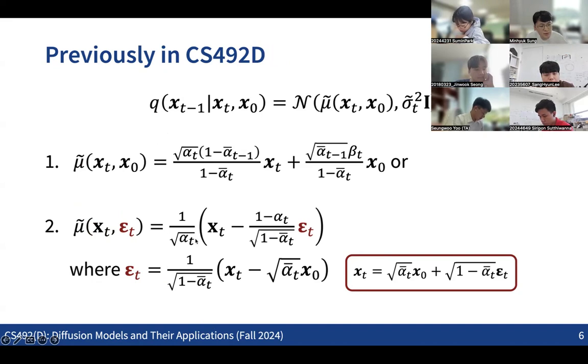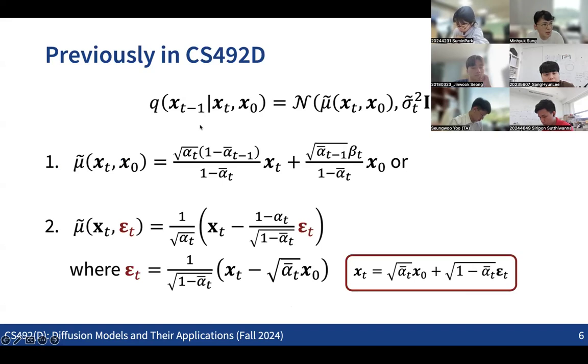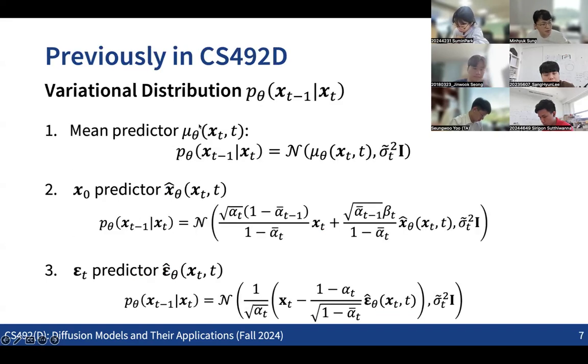The goal of training the neural network was to match this variational likelihood distribution to the distribution in the previous slide. In terms of that, there are three different ways of training the neural network.